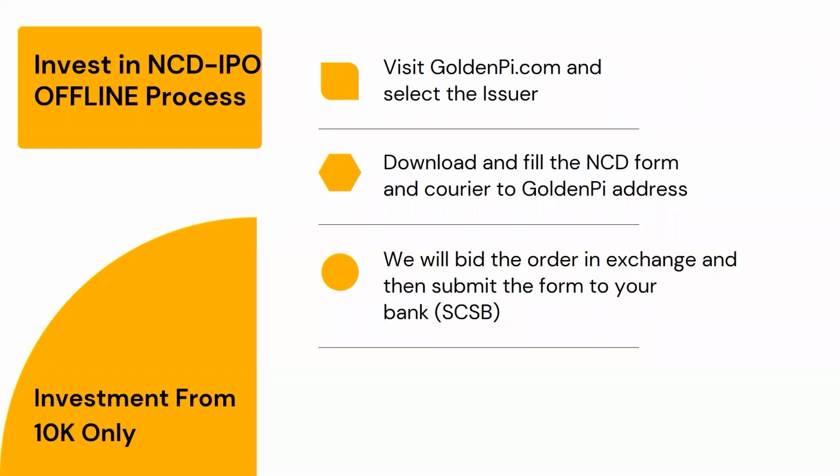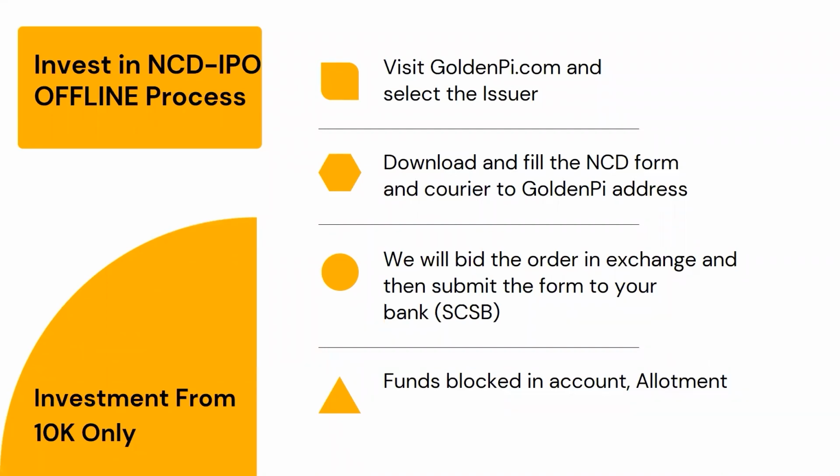On receipt of this, it is bid on the exchange, and post bidding, the funds get blocked in your bank account. Finally, once the NCD IPO window closes, the funds are deducted from the bank account, and allotment of the requisite number of NCDs is done to the corresponding demat account that you have mentioned in your form. So these are the two ways of applying for NCD IPOs.